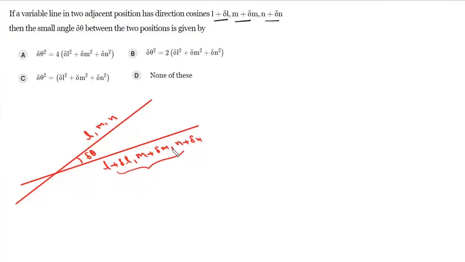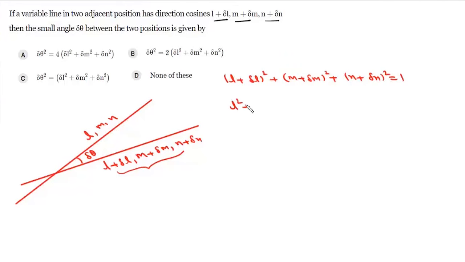Now first thing, these l + δl, m + δm and n + δn are direction cosines, and if they are direction cosines, then l² + m² + n² is 1. So we can write (l + δl)² + (m + δm)² + (n + δn)², and it should be 1.